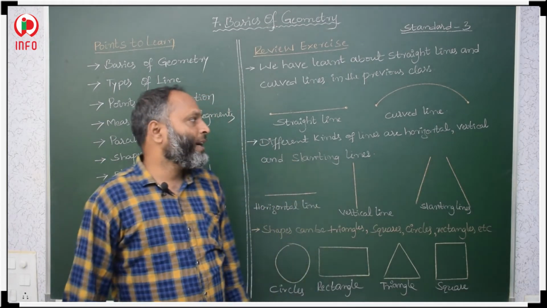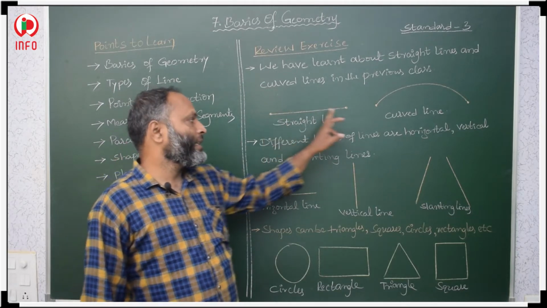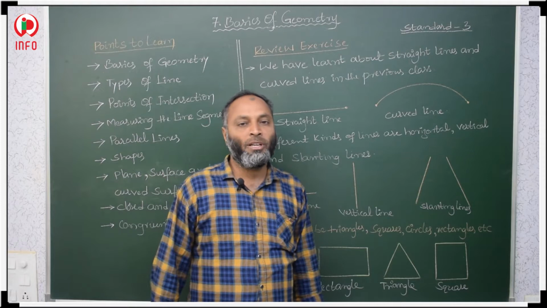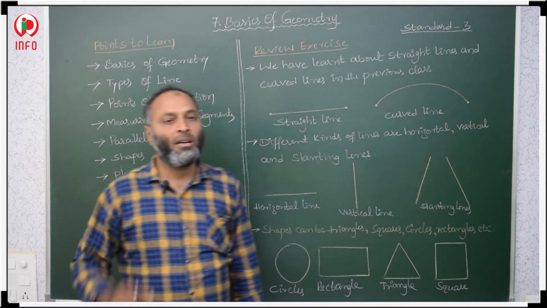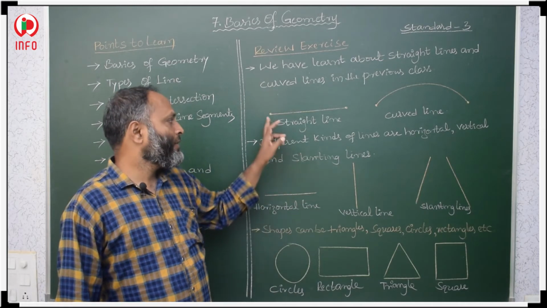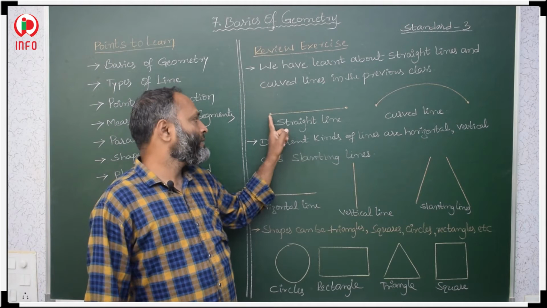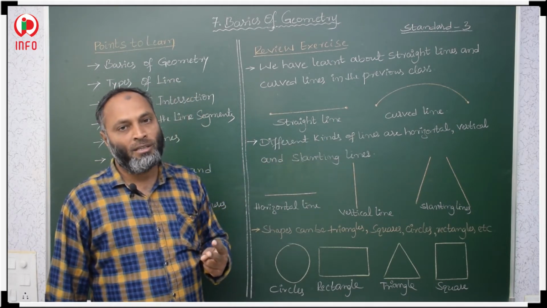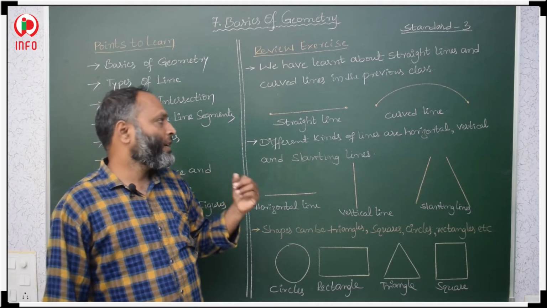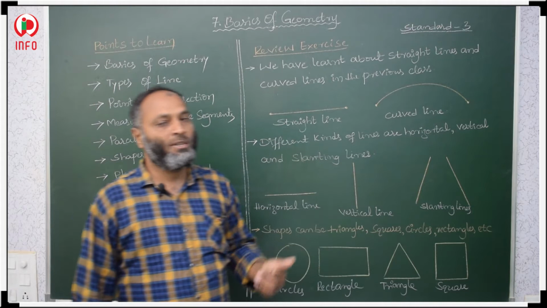So what is a straight line and what is a curved line? If there are any 2 points, if we join the 2 points with a ruler, with a scale, then we form a straight line. This is the first point and this is the second point. If we join 2 points in a plane with a ruler or a scale, then we form a straight line.